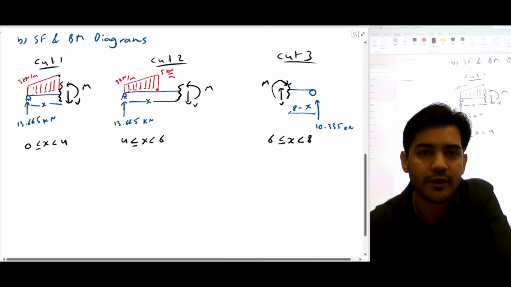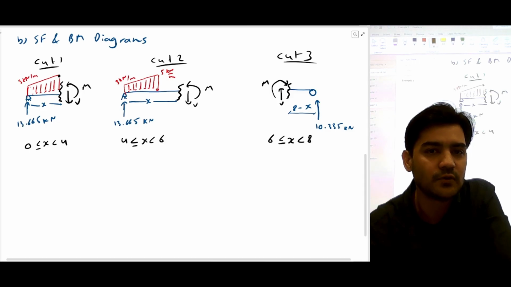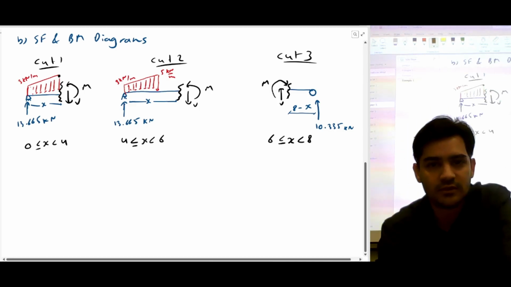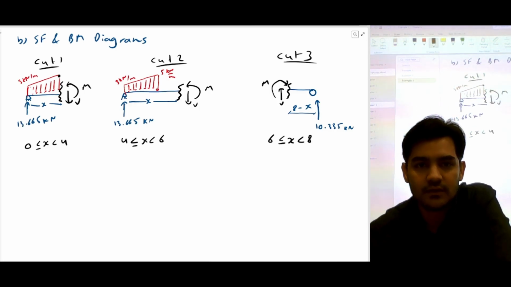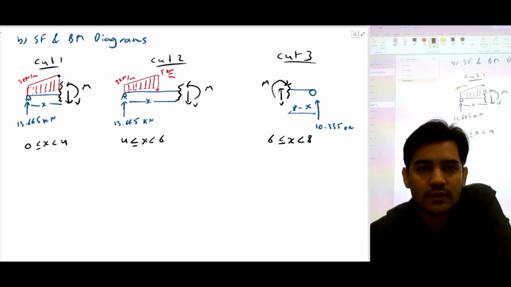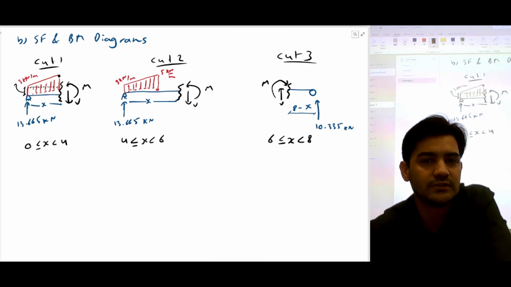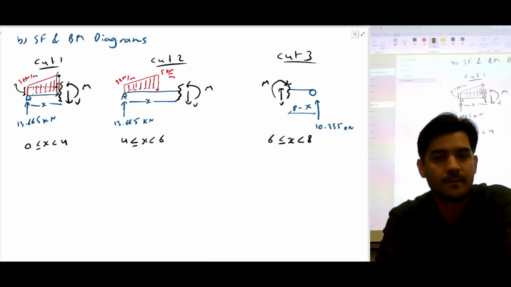Somehow if we can get the value of this point, then we can calculate the vertical forces. We know this distance, right? This is 3 kilonewtons. All we need to do is calculate this distance.